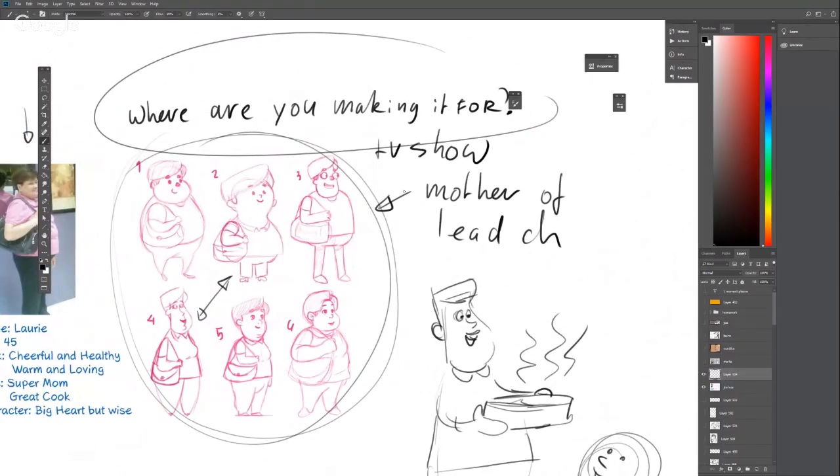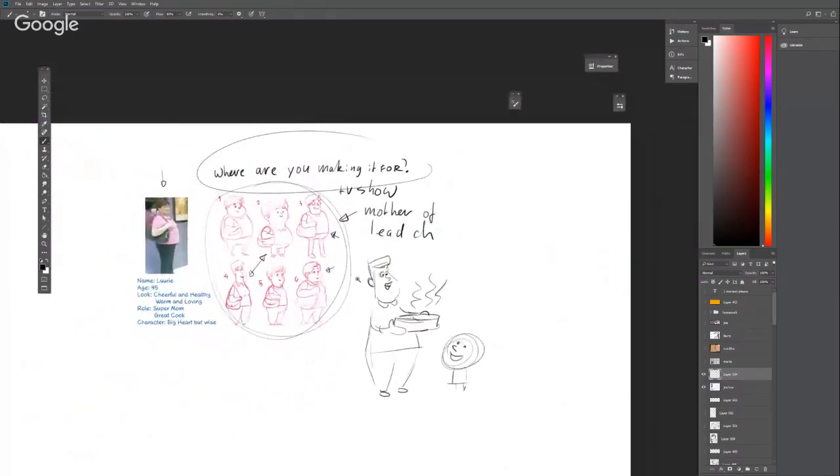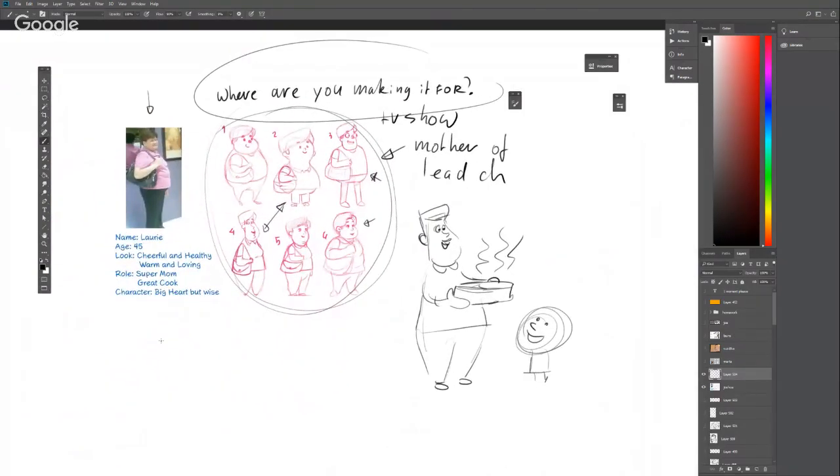If you wanted to make a new Pixar movie, I would say this character is the best. But if you want to make a show for Cartoon Network, then this one would be great. So maybe it's good to ask yourself what you want to go to, and where you want to work. These are all great.